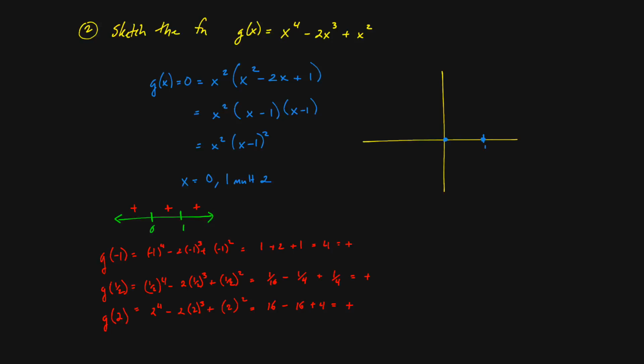The highest degree here is going to be 4, an even number, meaning that we're going to have the same action on both sides of the y-axis, like end behavior. In this case, it's not a negative coefficient, so we have a touchdown going on here where it's coming down this way.